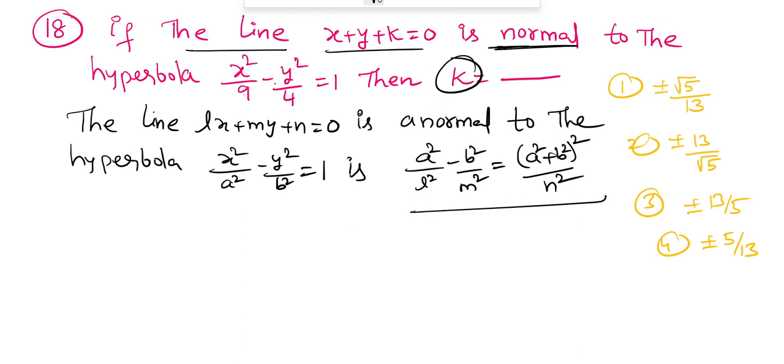This is the direct shortcut formula, the condition for the normal.